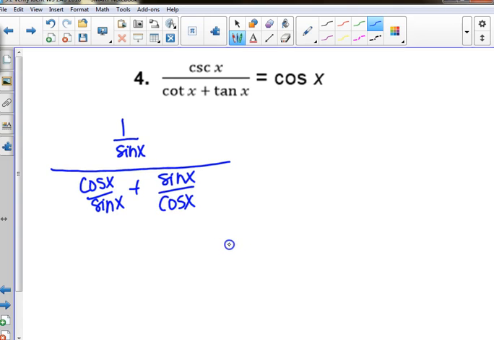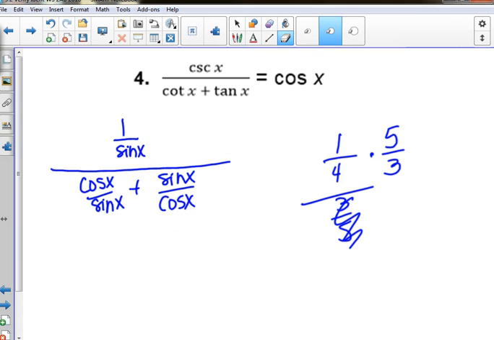Can we just flip both of these to the top? Normally, if it says 1 over 4 is being divided by 3 over 5, it becomes multiplied by 5 over 3, right? Can we do that here? No, because it's not got a single denominator, okay? We got to make it a single fraction before we can flip it up to the top.